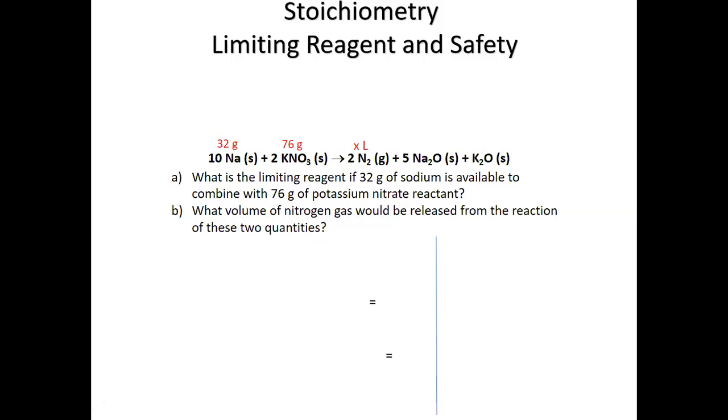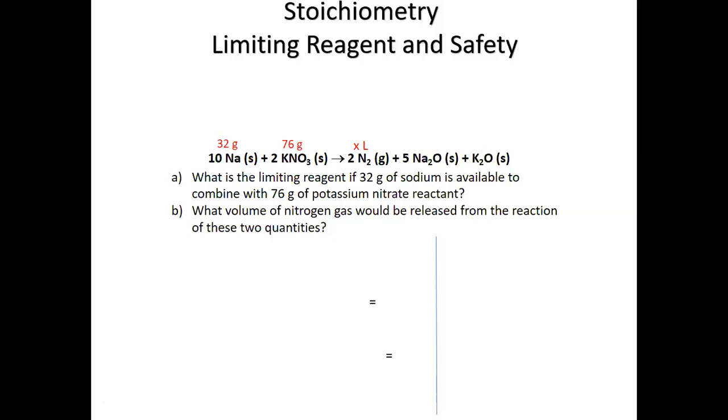We're going to use stoichiometry to take 32 grams of sodium and see how many liters of nitrogen that would produce. Then we're going to do the same thing and figure out how much nitrogen gas 76 grams of potassium nitrate could produce.